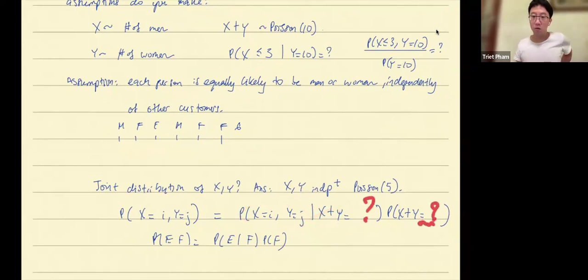X plus Y is equal to I plus J, right? That's the only thing that can be possible when individually X is I and Y is J. Okay, so far?